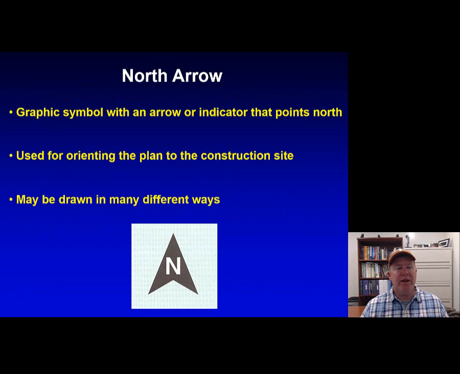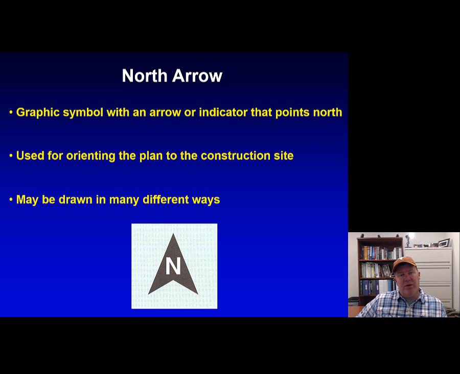North arrow. This is a graphic symbol with an arrow or indicator that points to north. It's used for orienting the plan to the construction site, and may be drawn in many different ways. It may just be an arrow with the letter N pointing to it. It could actually be done very graphically, and drawn pretty neat and very detailed.